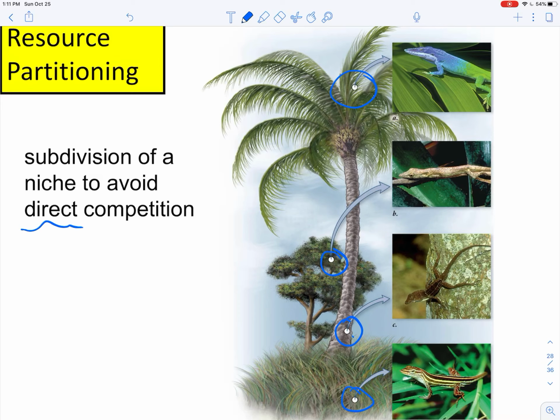And then this species down here is ground dwelling, spending the majority of its time on the ground around the base of trees. So again, if we think through evolutionary time, we can imagine that subdivision of a niche occurred to avoid direct competition, either for food resources or maybe for space or possibly another resource.